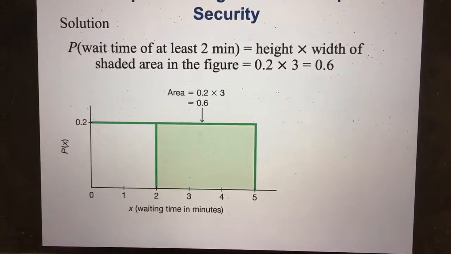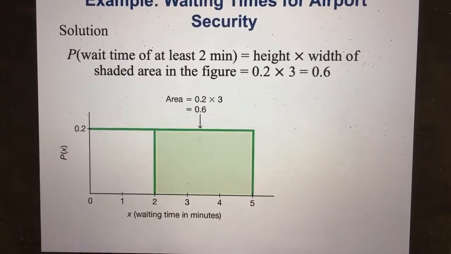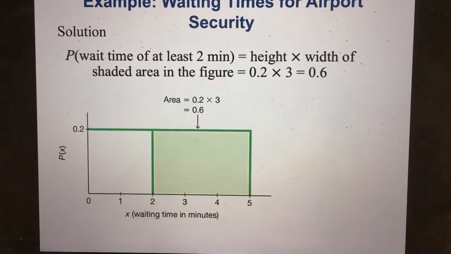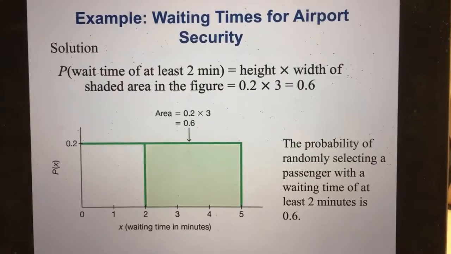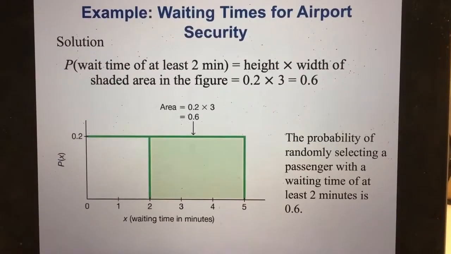So a 60% chance that you will wait at least 2 minutes. Again, this is a uniform, so everything is equally likely. So it's just an area consideration here. The probability of randomly selecting a passenger with a waiting time of at least 2 minutes is 0.6 or 60%.